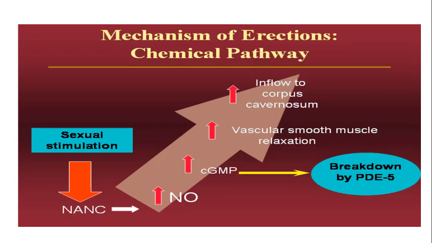Nitric oxide, by another mechanism, will increase the cyclic GMP, cyclic guanosine monophosphate, in the smooth muscle fibers of the corpora cavernosa.